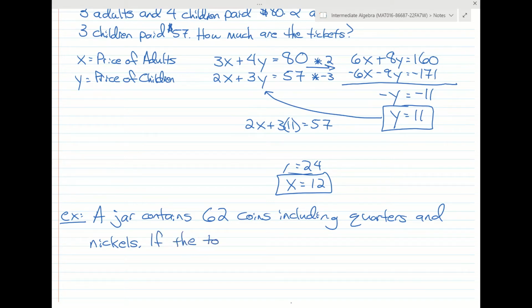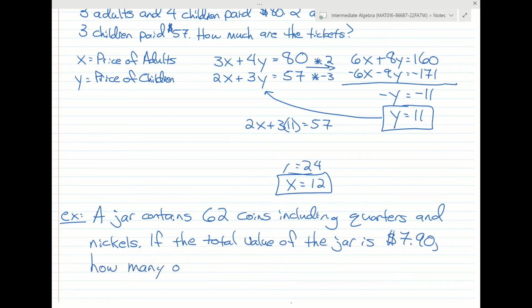If the total value of the jar is $7.90, how many of each type of coin are there?